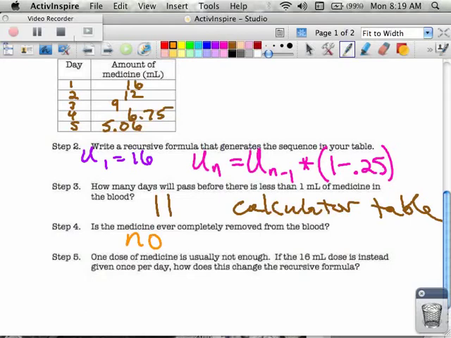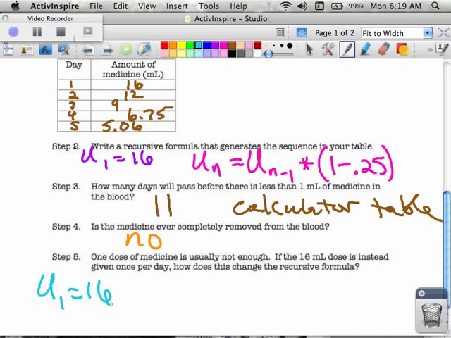So when that happens, this is what we were talking about a little bit ago in the vocabulary. This is what they call a shifted geometric sequence, where you have a geometric sequence, but then after the end, you add or subtract something. The major difference here is that I start, just like before, with U1 being 16. I start off with my dose, whatever it is, amoxicillin, Tylenol, whatever, and it's 16 milliliters.